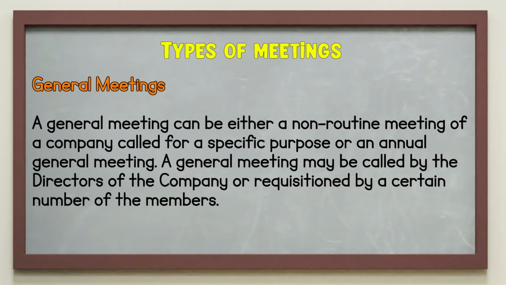General meetings. A general meeting can be either a non-routine meeting of a company called for a specific purpose or an annual general meeting. A general meeting may be called by the directors of the company or requisitioned by a certain number of the members of the company.